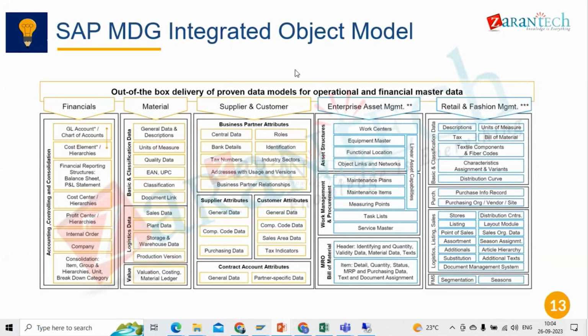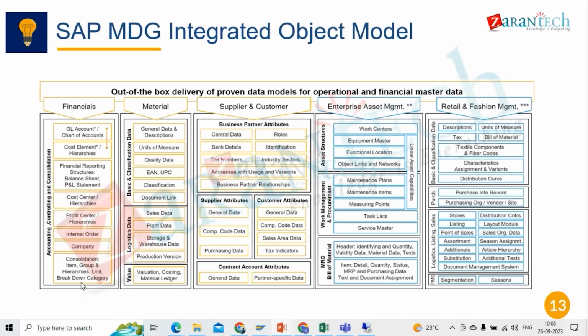Here you can see SAP integrated object models. As I told, we have finance. Here you can see out-of-the-box delivery of a proven data model for operational and financial master data. First we'll discuss three models. In finance, we have accounting, controlling, and consolidation.